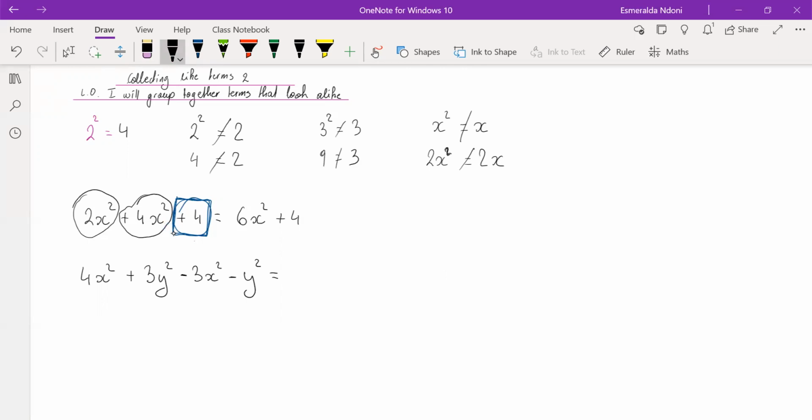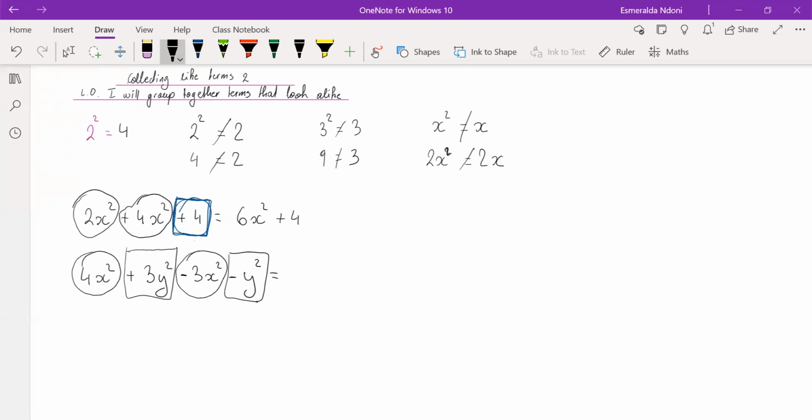We need to collect the terms that look the same. So let's do that. The 4x squared, well, that does look the same as this x squared that's here. Both of them have x squared, and the y's will be collected together with the y's. And all we're doing next is just adding or subtracting the numbers.